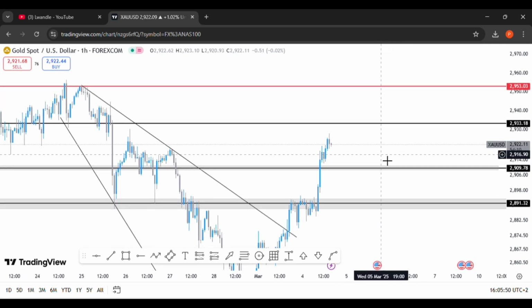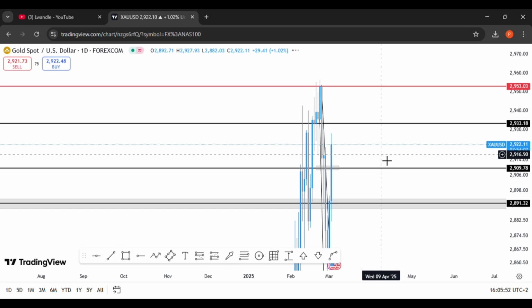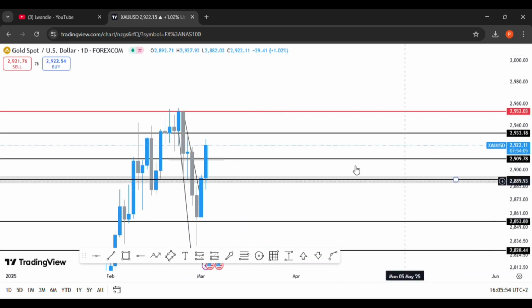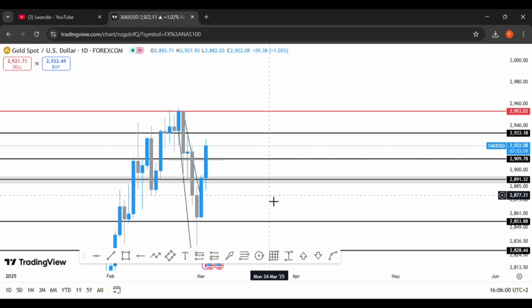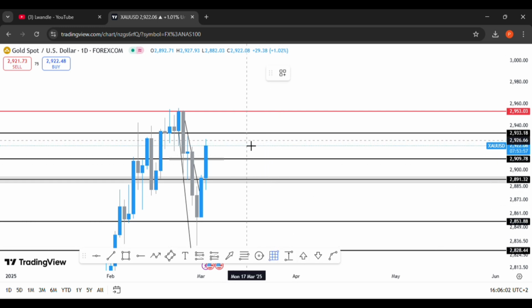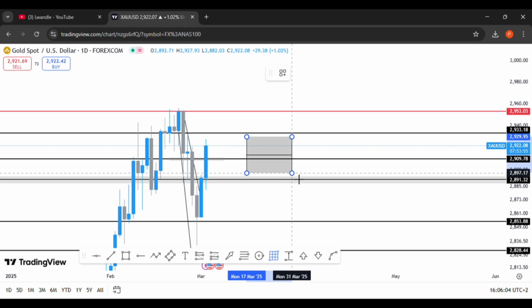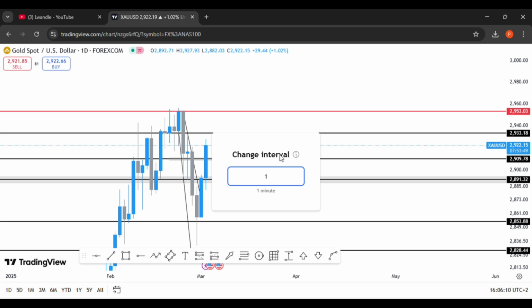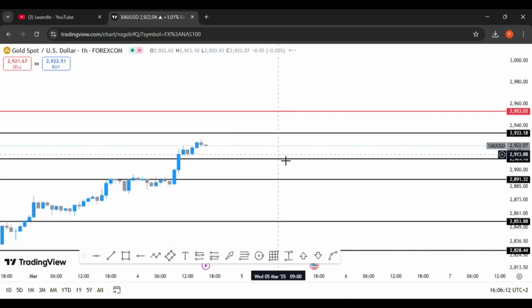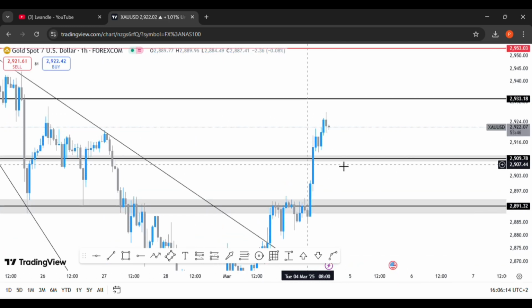So let me just go back to my daily chart to see any possible zone that I might be identifying there. Okay, there's no zone. There's no zone. Let me just check this one there. Okay, so there's no zone basically. So what it means is I will have to wait for the market to come touch there, understand?